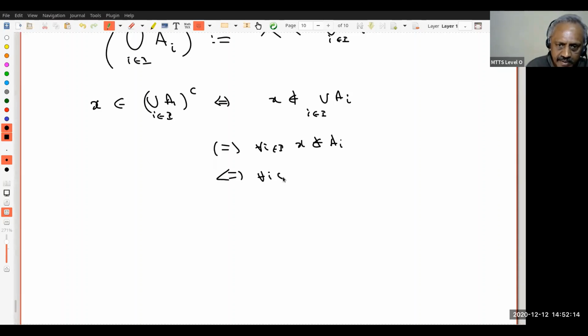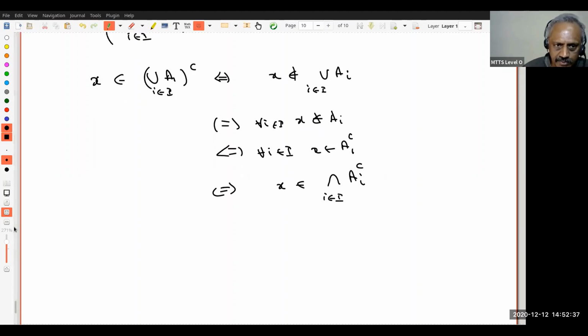But what does this mean? This means for every i in I, x belongs to the complement of A_i. That means x belongs to the intersection of the complements of A_i, i in I. This is the intersection, right? When does x belong to that? If and only if x belongs to each of the sets. We have proved it.